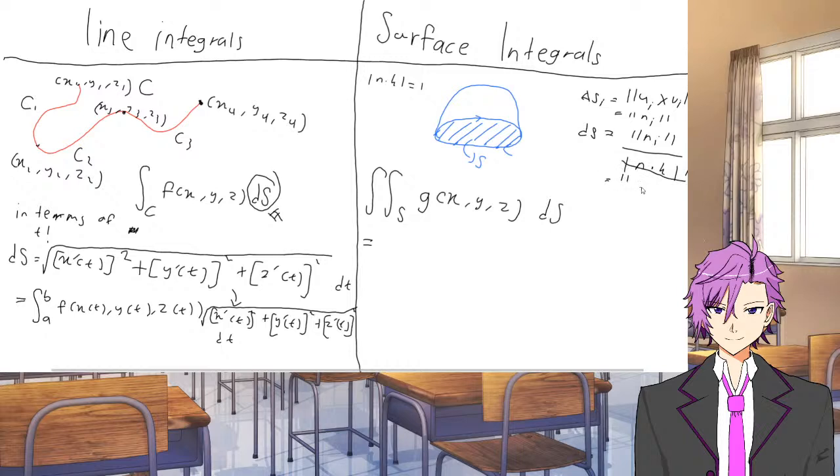So the only thing that we have is the magnitude of n_i dA. So now, how should we define the magnitude of n_i? n_i is the normal vector, but we should also find the magnitude.